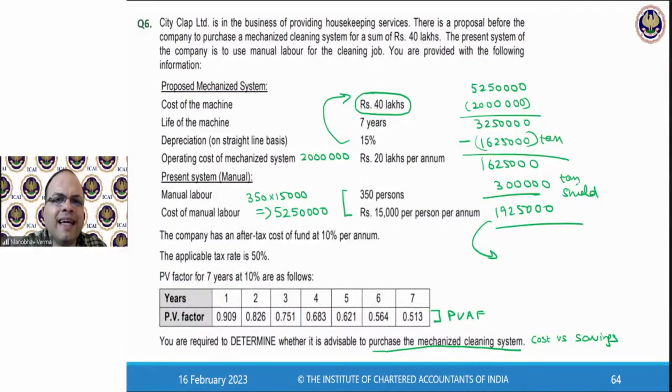I think with the naked eye, it seems that we are good to go, right? Because the cost is 40 lakhs, and 19,25,000 is just for 1 year, and we're looking at 7 years. Even if we discount, it should be more than 40, I guess. So guys, the factors given to us are 0.909 plus 0.826.